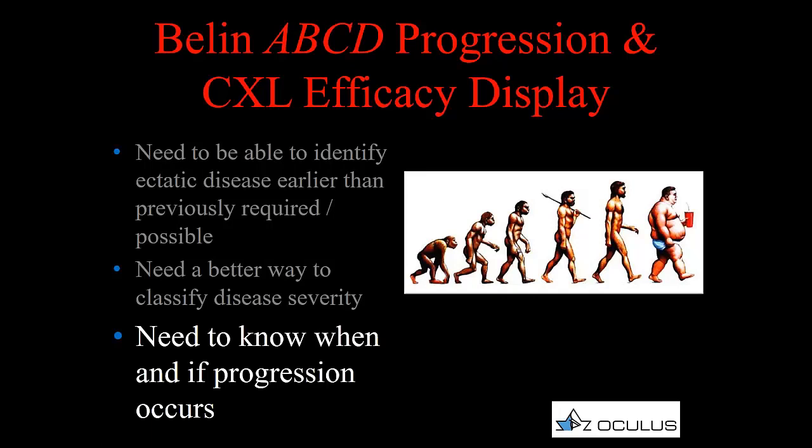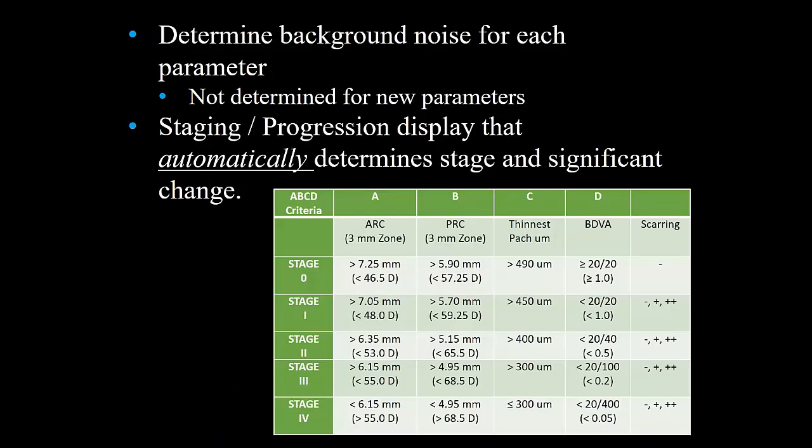The real goal of developing that wasn't just classification and staging. It was really to develop a progression display. For those of you who are just getting into cross-linking, and for those of you who might be international, the biggest question always is, when do you treat? And who do you treat? And when and if, how do you know if progression occurs?